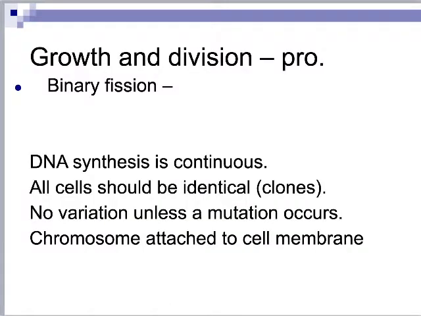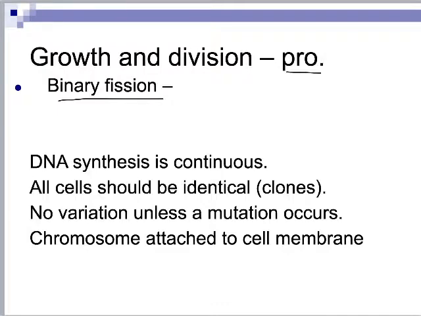One of the main differences between prokaryotes and eukaryotes is the way that they reproduce. Prokaryotes are simple organisms, so they don't go through mitosis. They go through what's called binary fission. Binary fission just means there are two things and they divide.